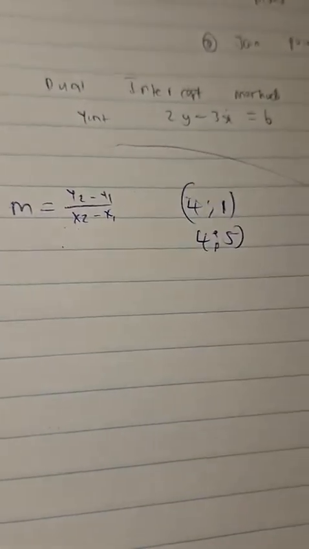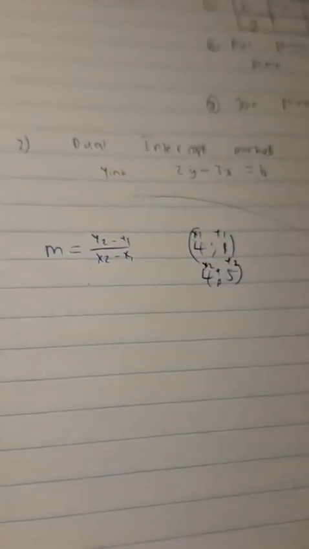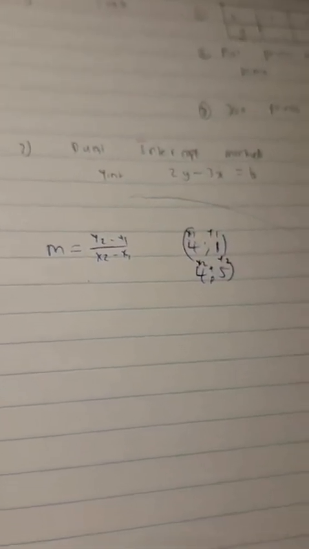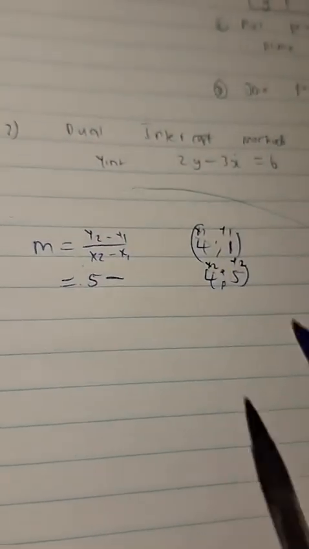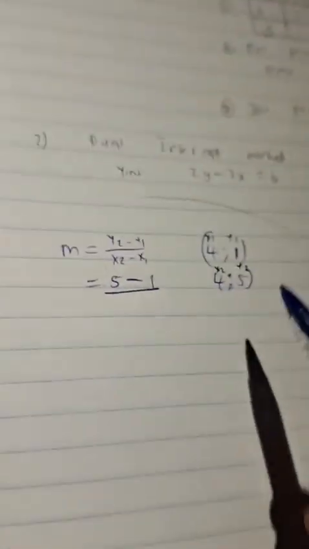First point, that means this is x1, y1, this is x2, y2. So let's go. What's y2? Y2 is equal to 5. There's a minus sign already in the formula. What's y1? That's 1 over.